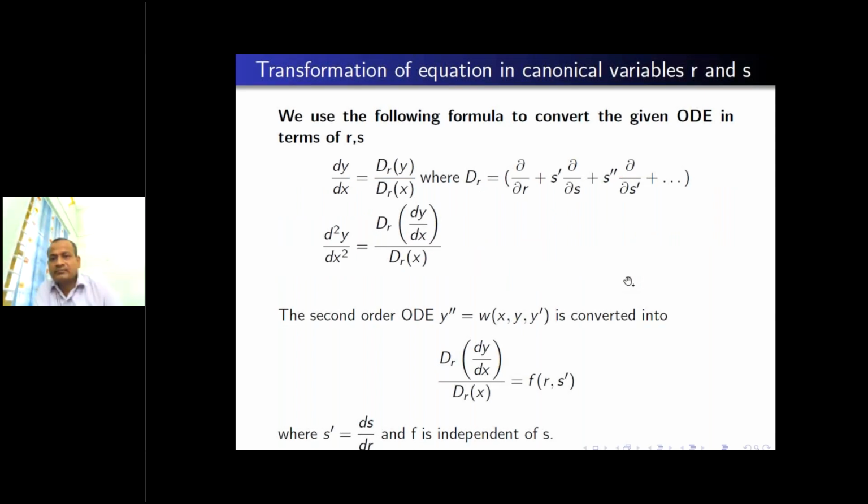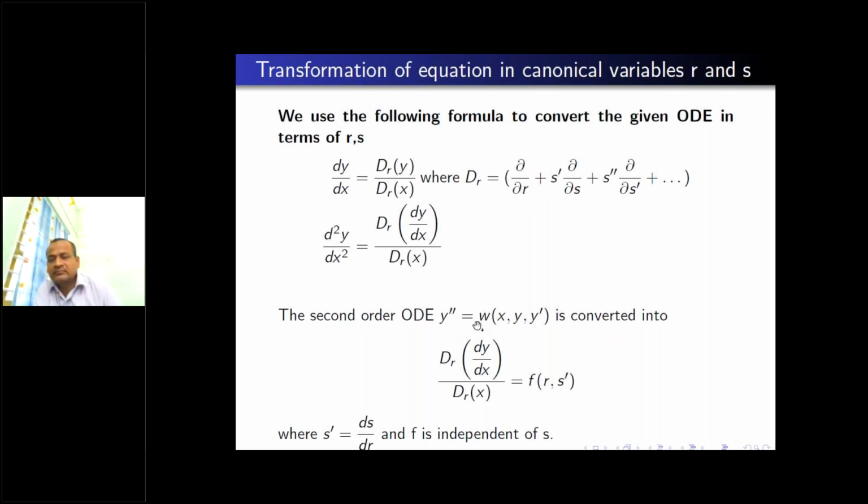Now once these canonical variables are found, the equation is transformed into some other form. For this, we use the following formula to convert the given ODE in terms of r and s. dy by dx is equal to dry by drx, d2y by dx square is dr dy by dx upon drx, where dr is partial derivative d by dr plus s dash d by ds, s double dash d by ds.